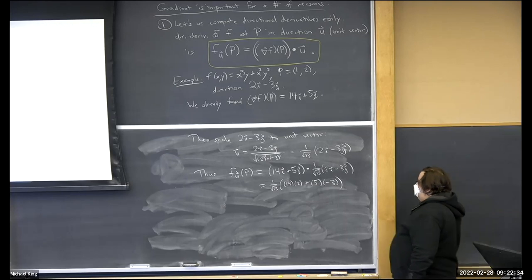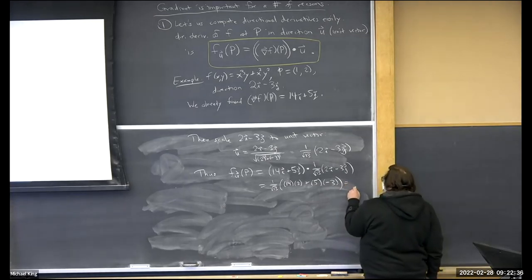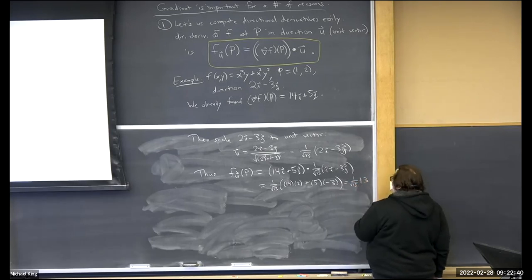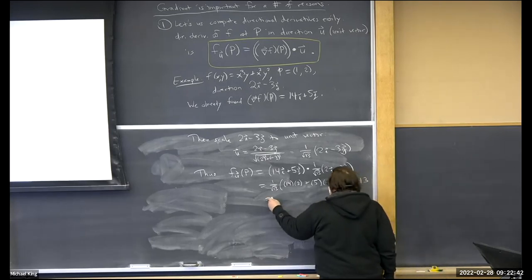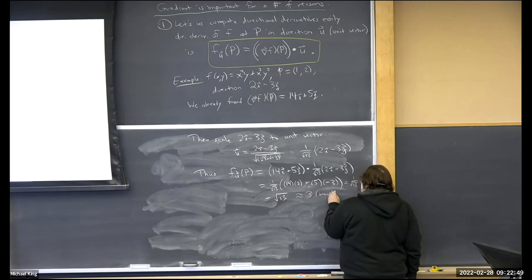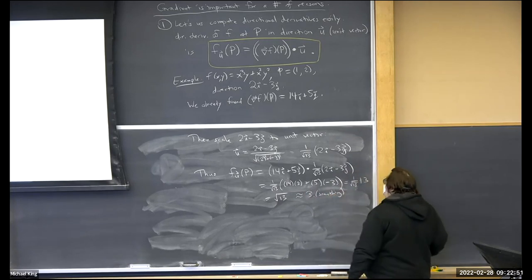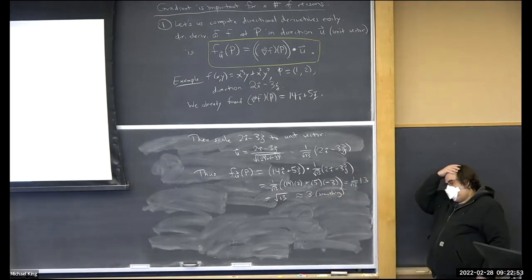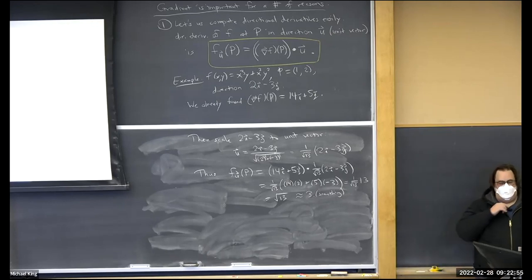That's totally unintentional, but it works out to be 1 over root 13 times 13, which is root 13, which is 3 point something. Yeah, that was completely coincidence. Good.